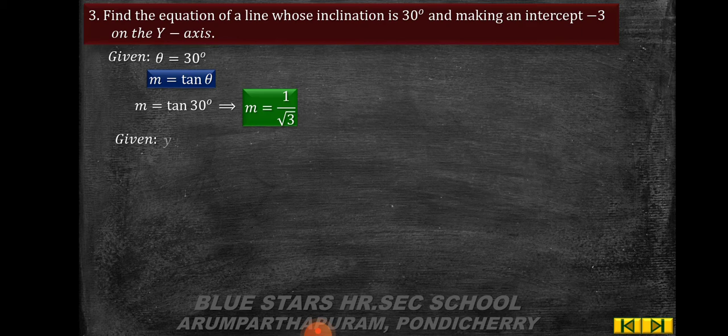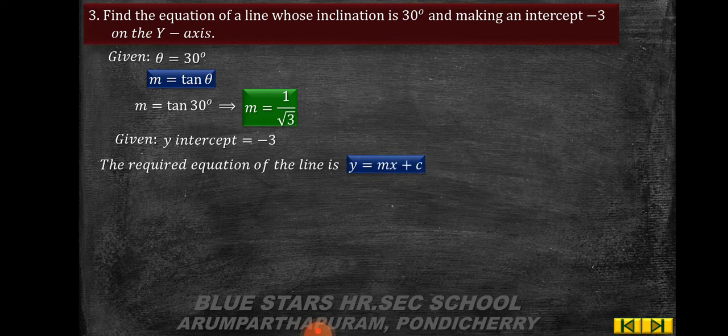Next, also given that the y-intercept is equal to minus 3. Therefore the required equation of the line is y is equal to mx plus c. Now substitute the values of slope and y-intercept in the equation. You get the required equation of the straight line. So you know the value of m is equal to 1 by root 3 and c is equal to minus 3.